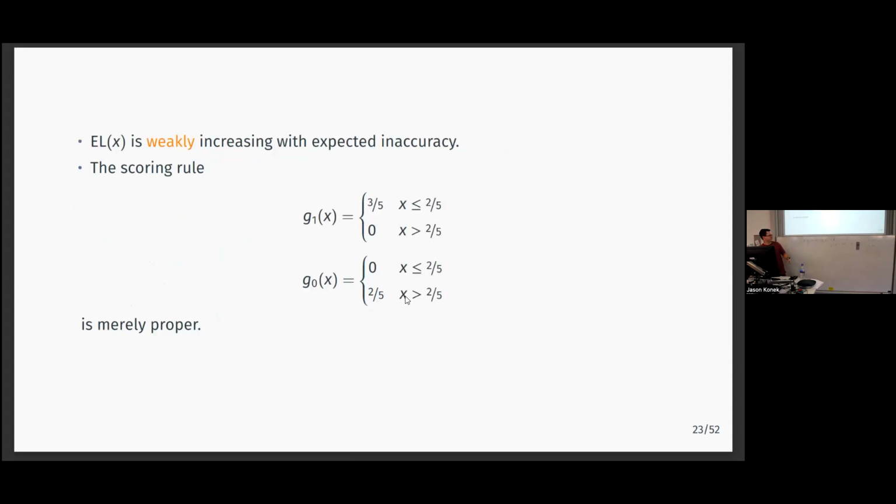And so this is going to be merely proper. She'll evaluate anything on the same side of 2/5 the same, with equal expected losses by her own credences. She'll assign anything on the other side a strictly worse loss. Good so far?